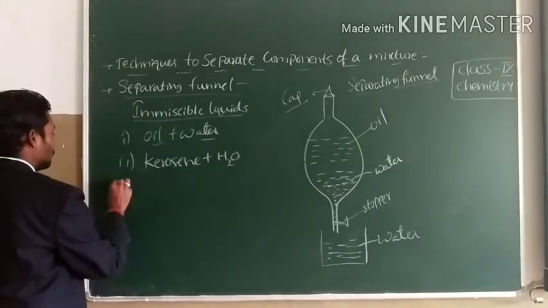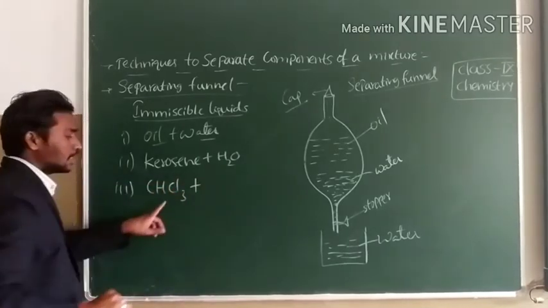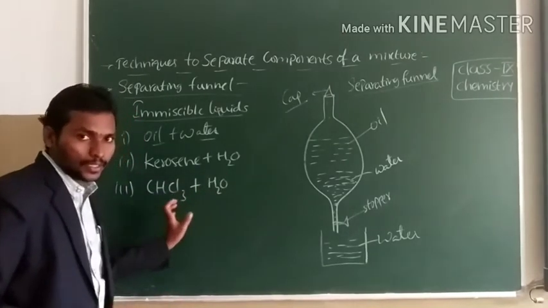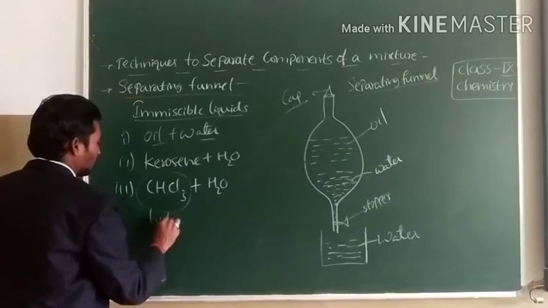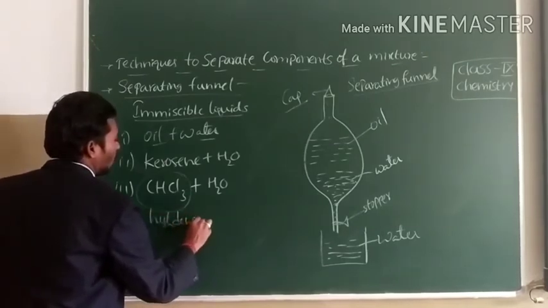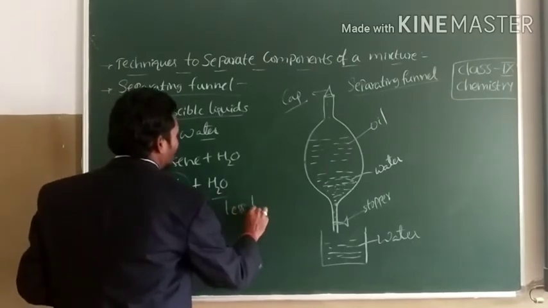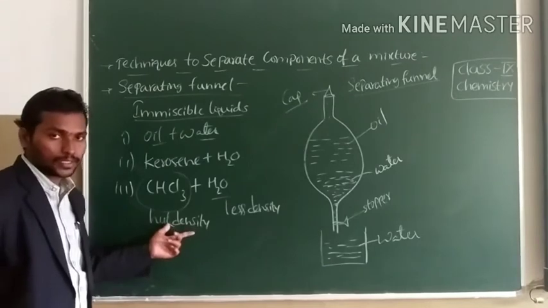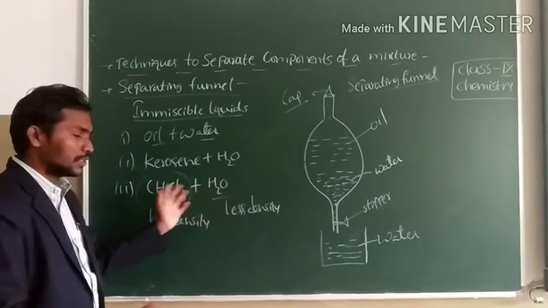And another one, chloroform. CHCl3 is chloroform, and water. In this mixture, chloroform has high density. Chloroform has higher density than water. Water has less density. Here chloroform has high density, that's why when you take a mixture of chloroform and water, they don't mix together.